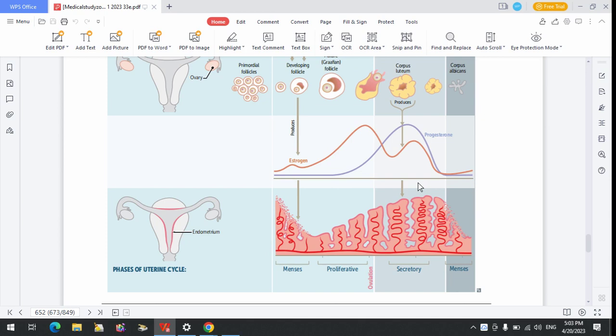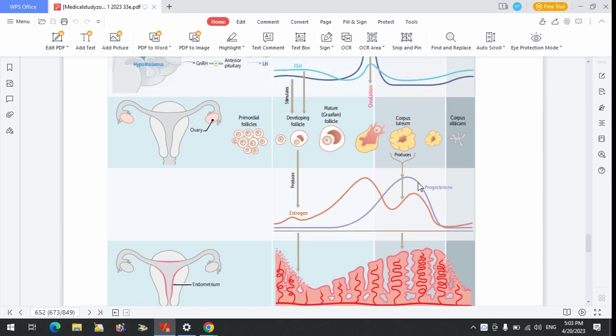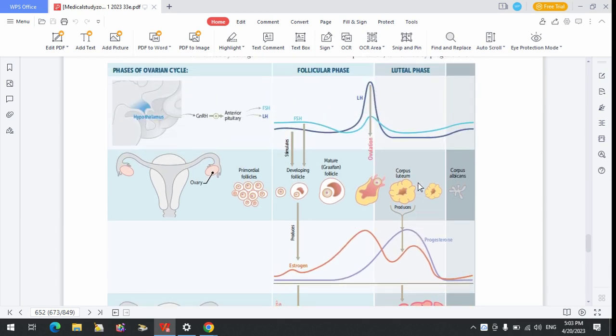So, okay, let's look at it, because there's something called the embryonic age and there's gestational age. So embryonic age is the age of the fetus starting your count from the point of fertilization.